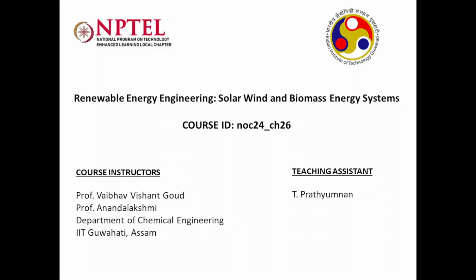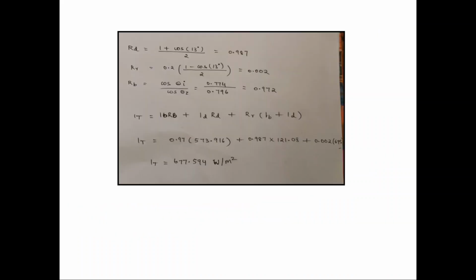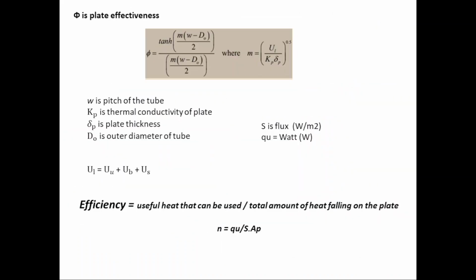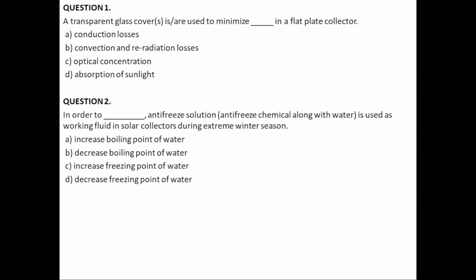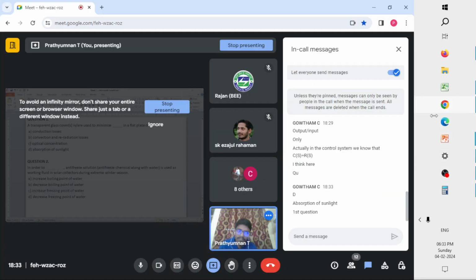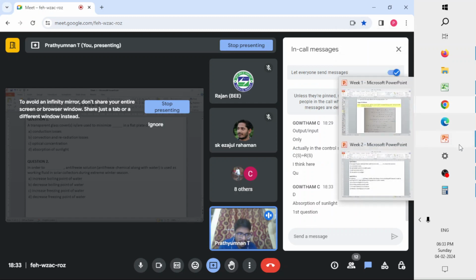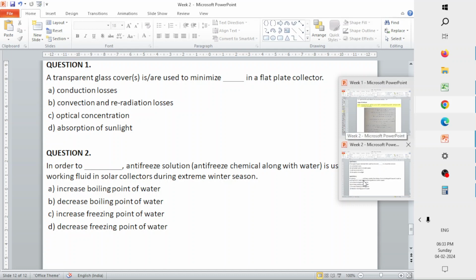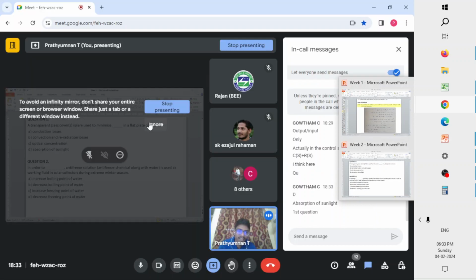Are you sure you are answering it for the first question, or are you answering it for the second question? Okay, you mean to say that the transparent cover is used to minimize absorption of sunlight in a flat plate collector.